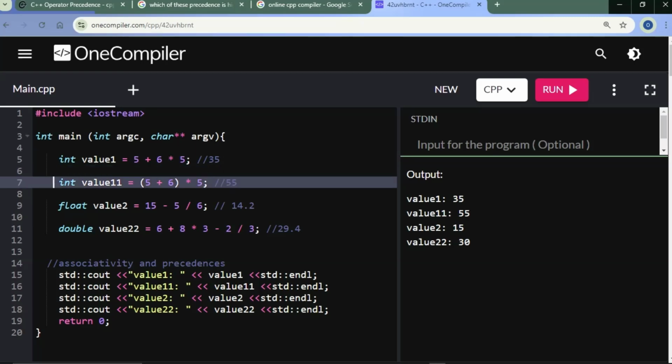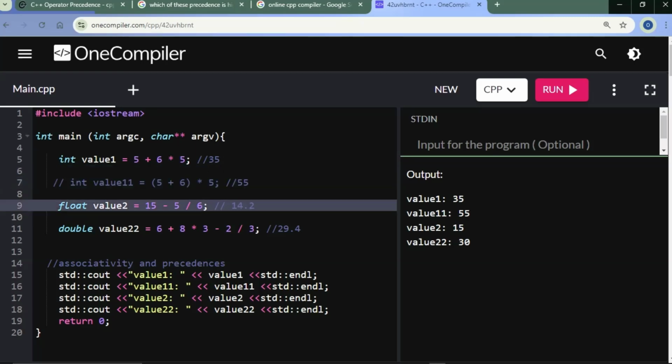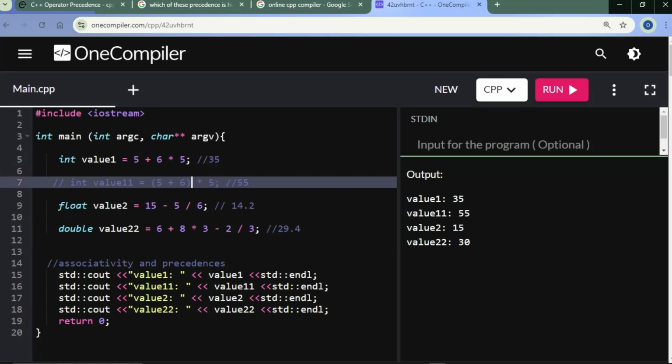For example, if we don't know about parentheses, let's say this is a comment. If you don't know about parentheses, in order to get the value of 55, we will just be getting the value of 35, and you'll be confused. What is wrong? How can I solve this? But when you have this idea of parentheses, you have the intention of deciding which one should be evaluated first.